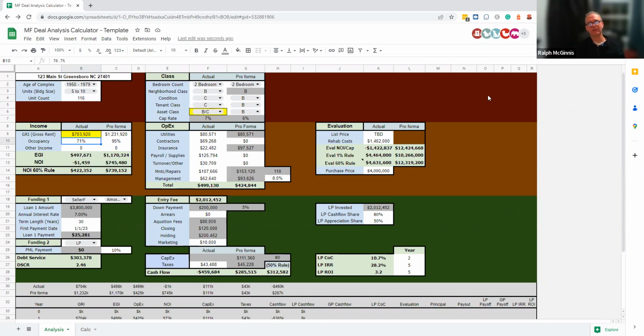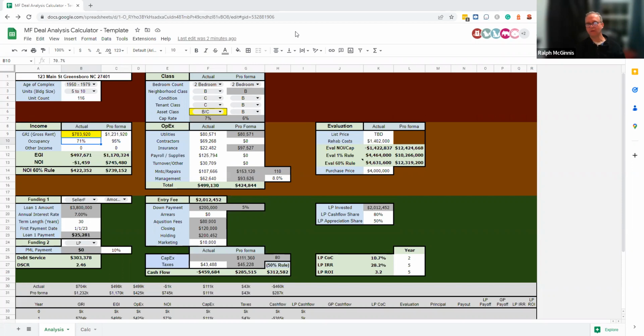Atlanta's close enough I could do it, but it's got to be in a proximity to feel comfortable to take it on. But when you're wholesaling, it's another story. You don't have to. I would be happy to help in wholesaling a good property that someone comes across. The buy box is much, much wider on that. And we can just go through and I can tell you if it's a good deal or not a good deal, or how to make it a good deal.